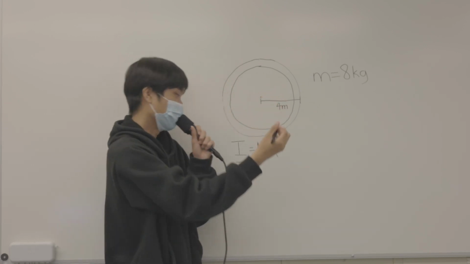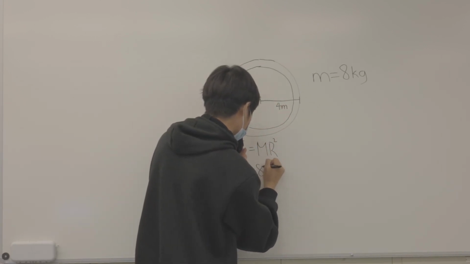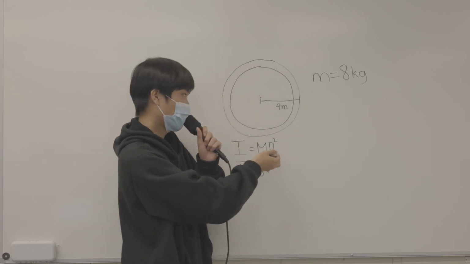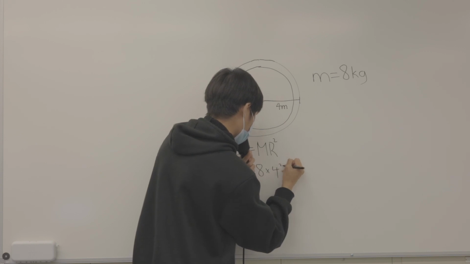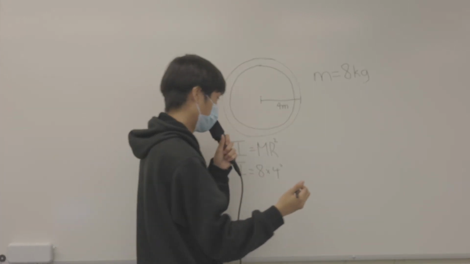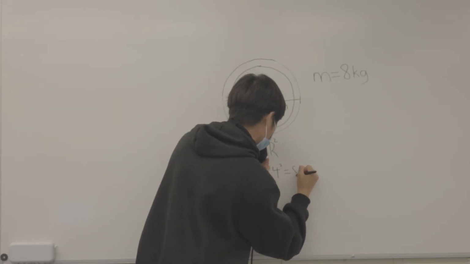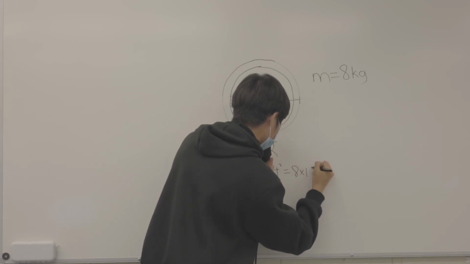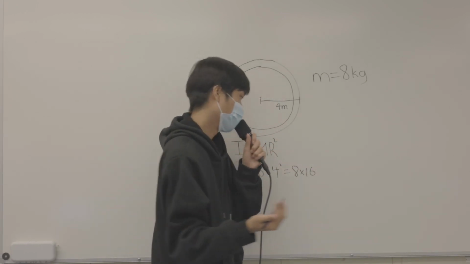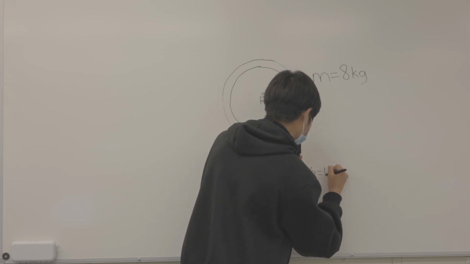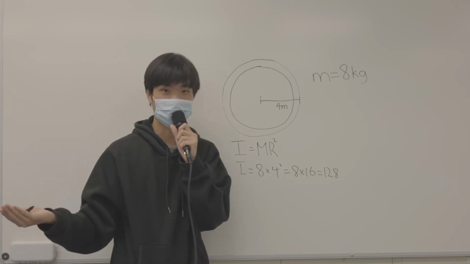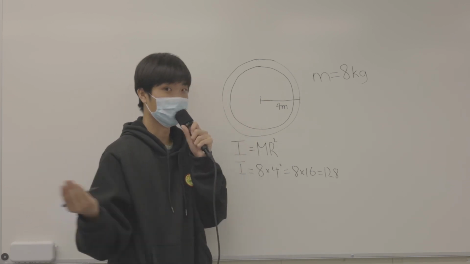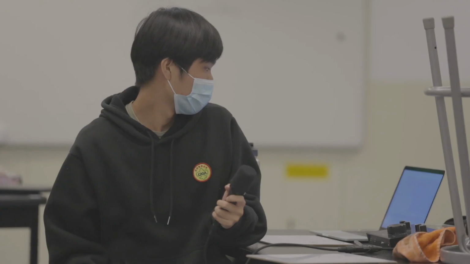Inertia equals mass, which is 8 kilograms, times radius squared, which is 4 meters squared. This equals 8 times 16, which is 128 kilogram meters squared for this question.